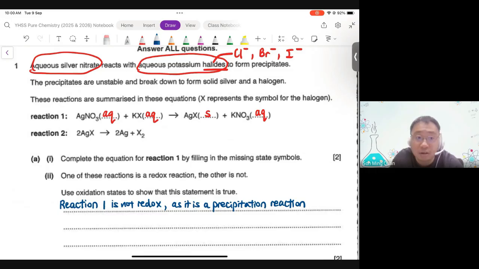But this one, if you just write like that, no marks. Why no marks? You need to use oxidation states to explain. If you just stopped here, you're not using oxidation states. Therefore, you need to continue.